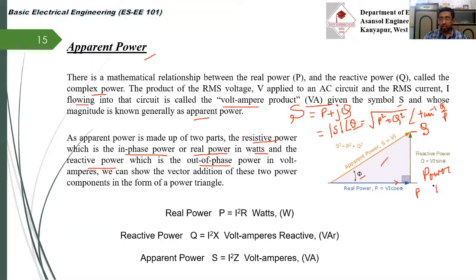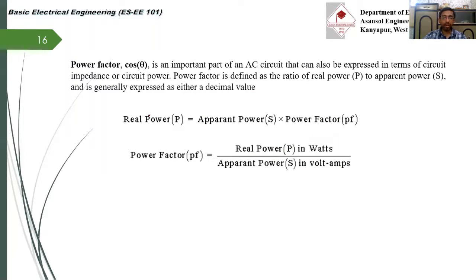Now, this power triangle is almost similar to our impedance triangle. This is our R, this is our X, and this one is our Z, and this is again the same angle, either phi or theta. Clear?